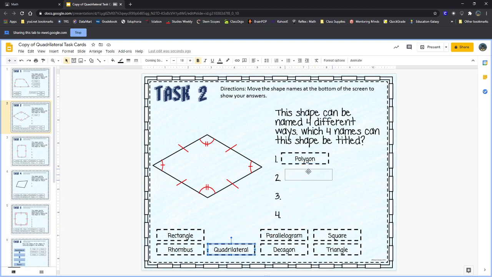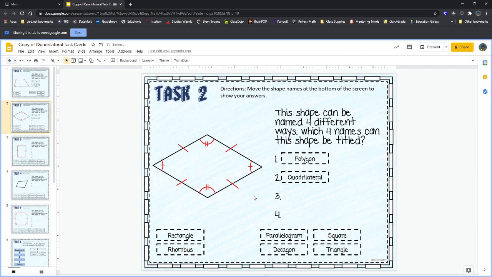Quadrilateral is another name because it has 4 sides, a polygon with 4 sides, always a quadrilateral. Now we need to find 2 more names that could describe this shape.